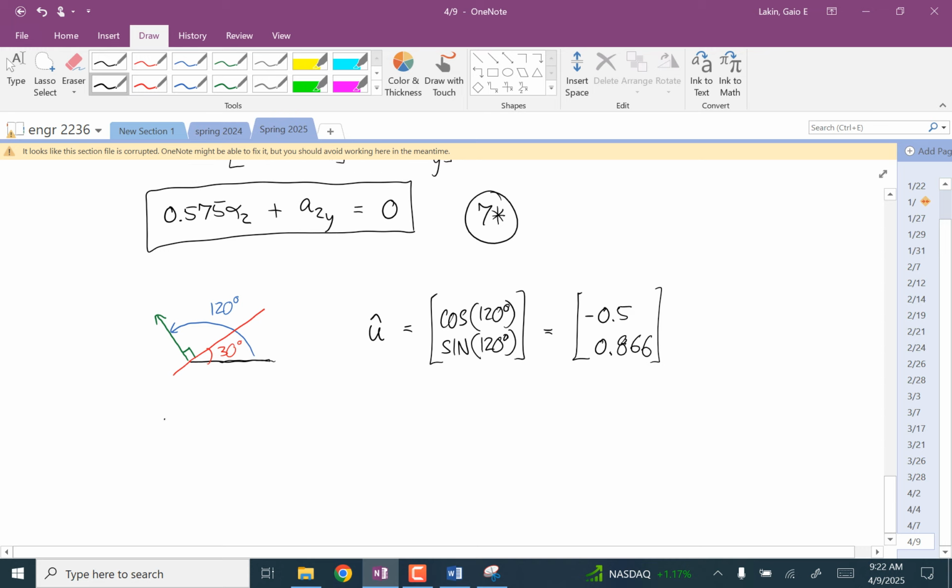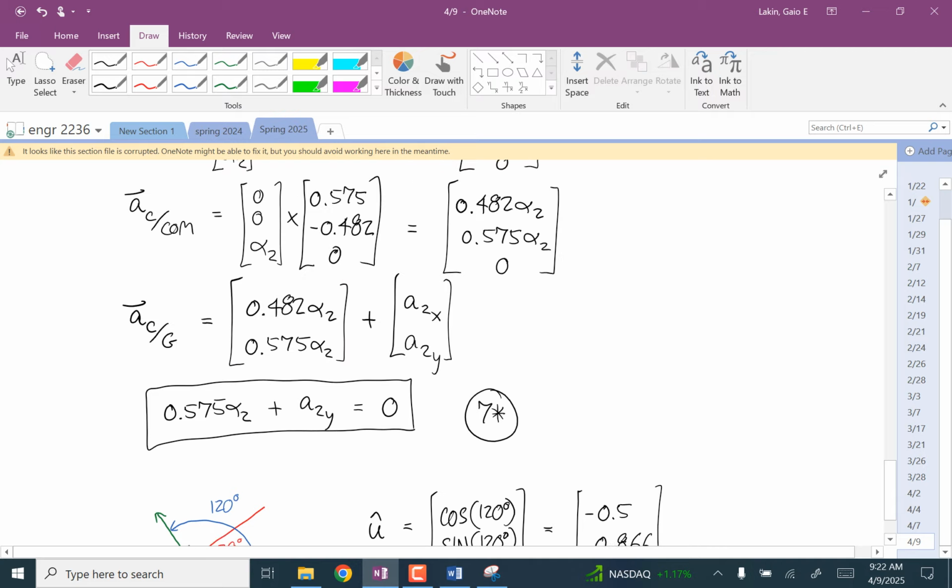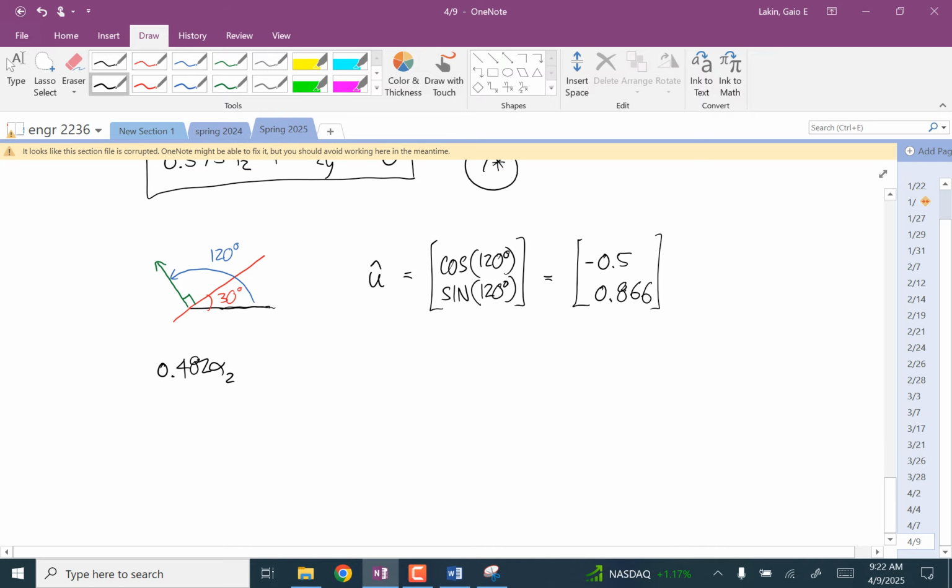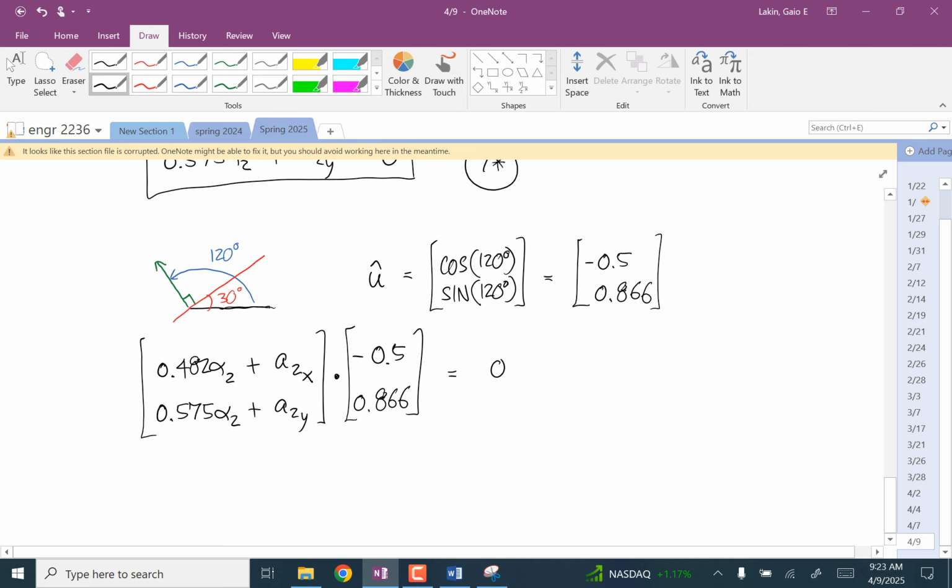So we'd have 0.482 alpha 2 plus a2x, 0.575 alpha 2 plus a2y, dotted with this unit vector, set it equal to 0.